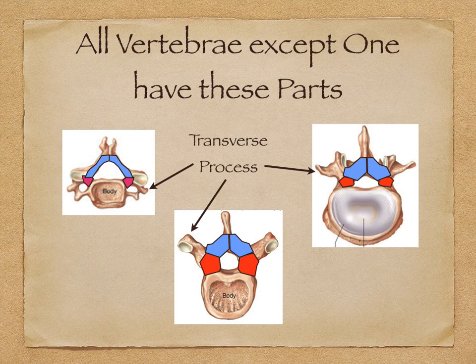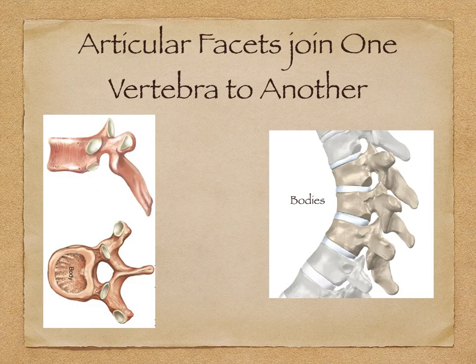You want to be able to locate these on any sort of a picture. If you look at a picture like this that shows you the vertebra from the top or from the side, you want to be able to find all of those features. On your handout, under the individual vertebra, these are the first 7.